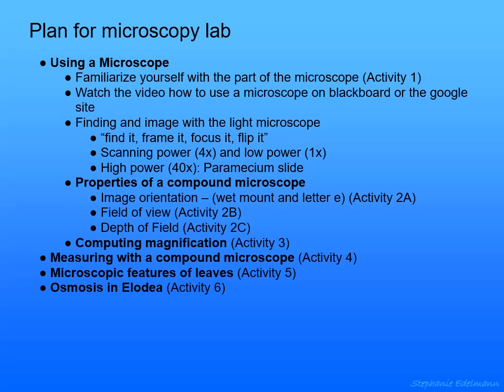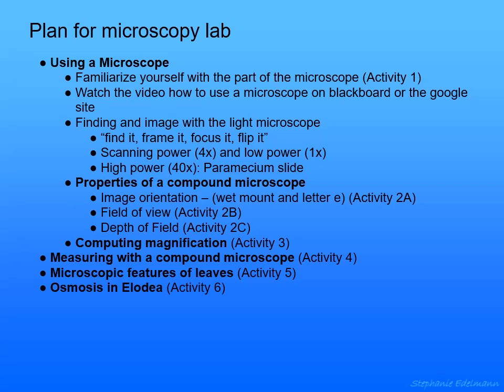We're going to use the letter E activity to learn about image orientation, and also to tell you a little bit about field of view. And then we're going to play a little bit with the property of depth of field, which is usually probably a bad thing, but you can use it to your advantage to find which thread is on top.